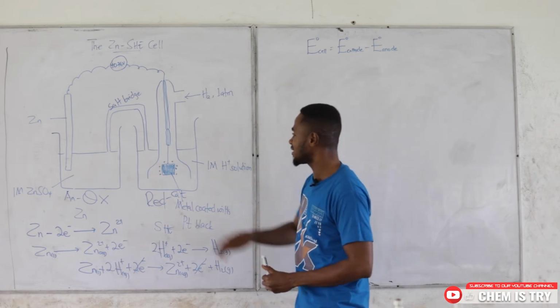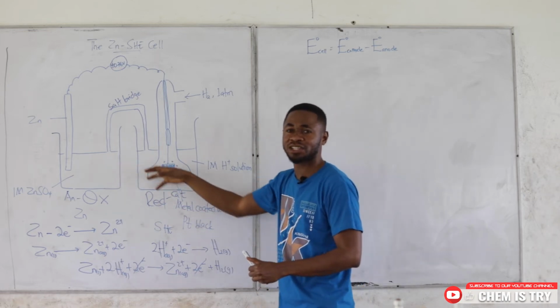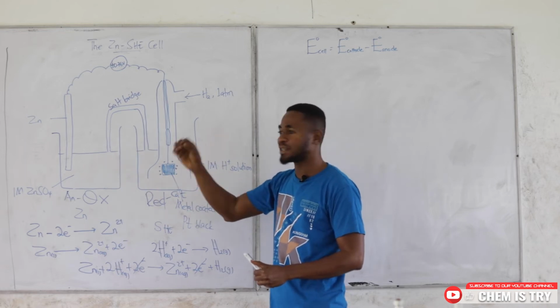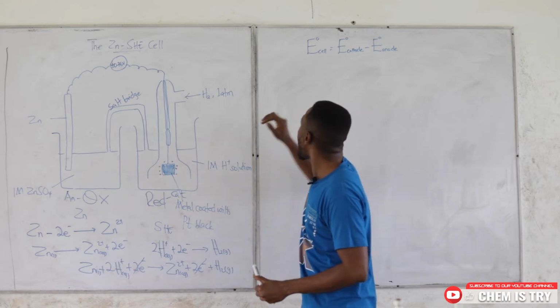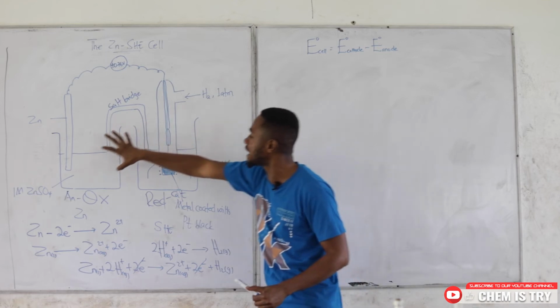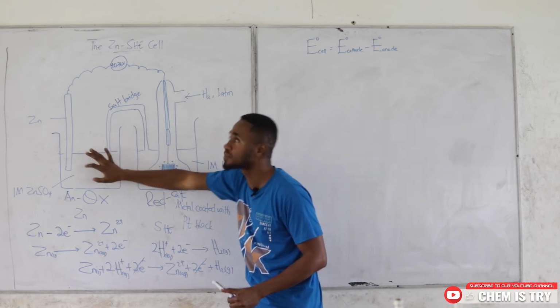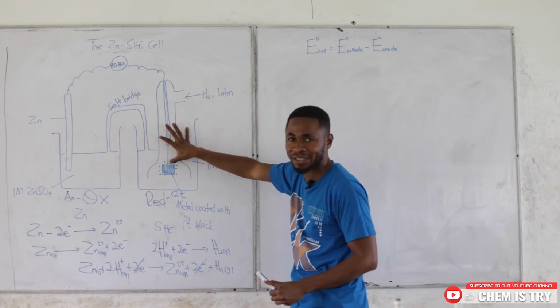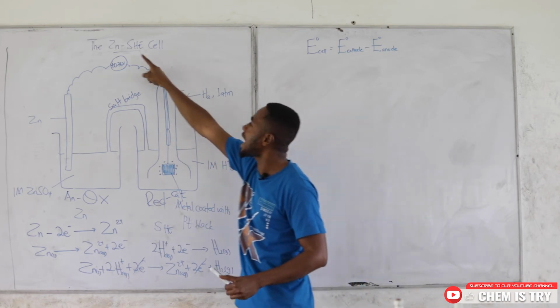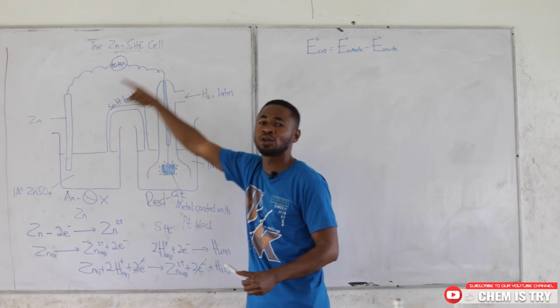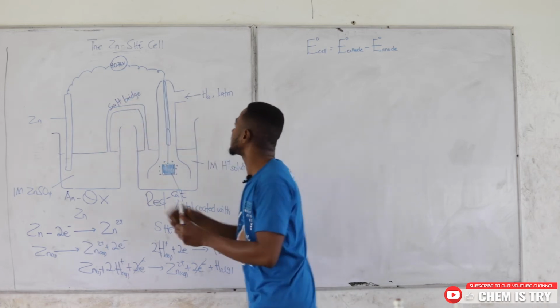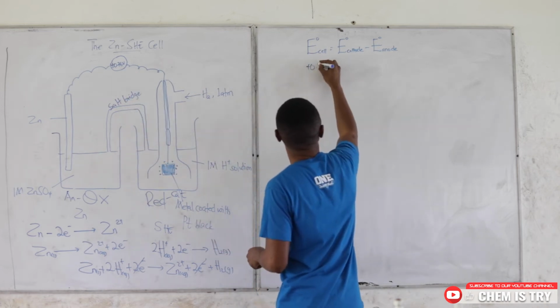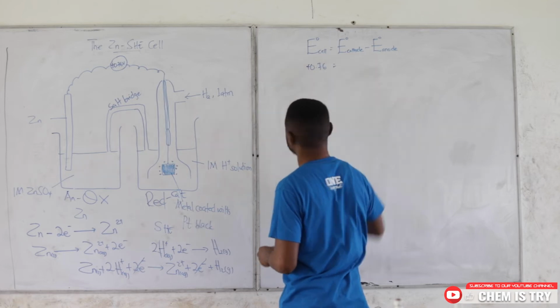And from this galvanic cell, we can say that the anode refers to the zinc compartment and the cathode refers to the SHE compartment. The total EMF of the whole voltaic cell is positive 0.76 volts.